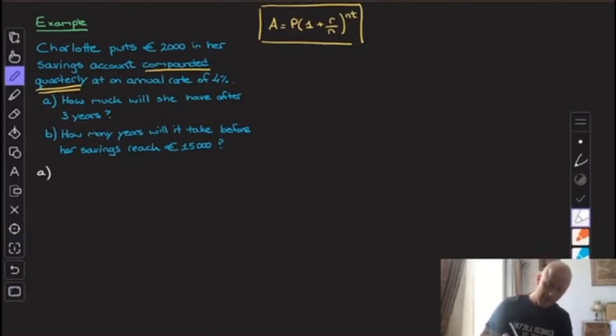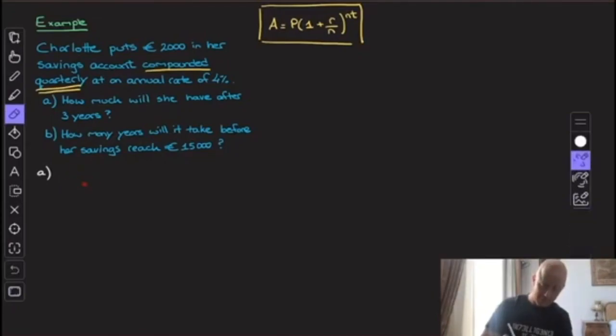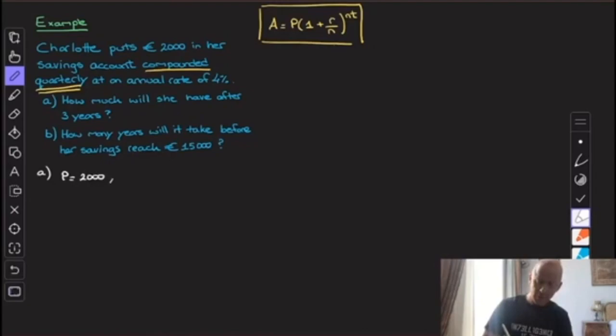So let's see. The amount she starts with, so P is equal to 2,000. The annual rate, R, is 4%, which remember, expressed as a decimal, will be 0.04.